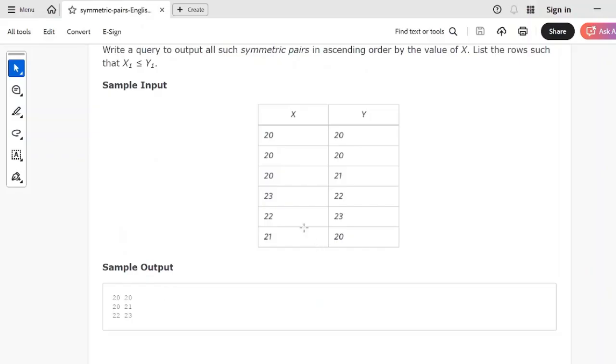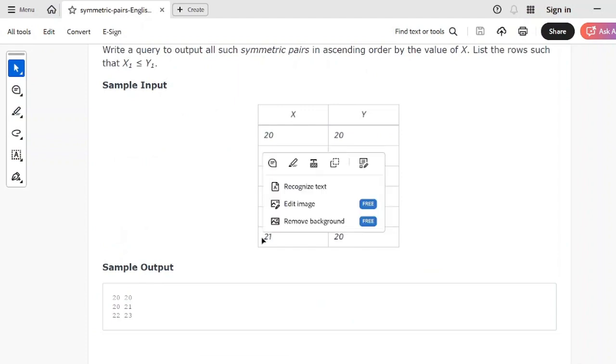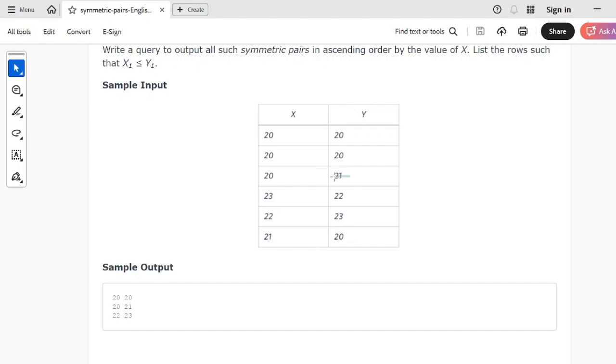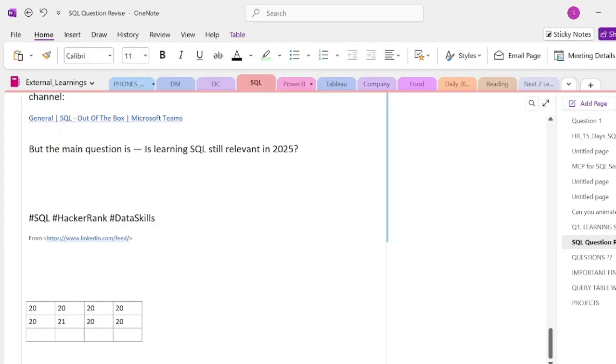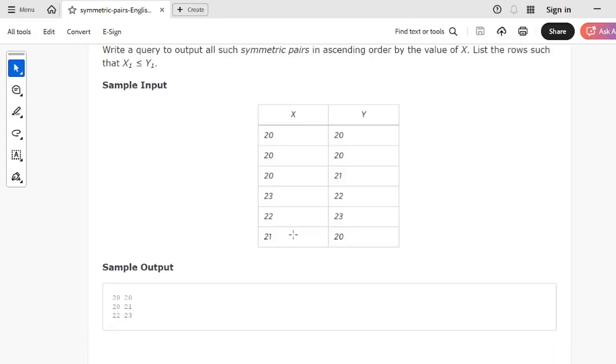One more example: suppose we are joining 21 of x with the 21 of y. That's how it's going to join. So how is it going to look for x5, y5 is 20. So for x1, the x value is 21, and the y value relative to this x is 20.